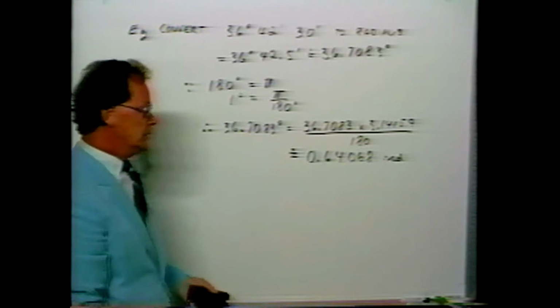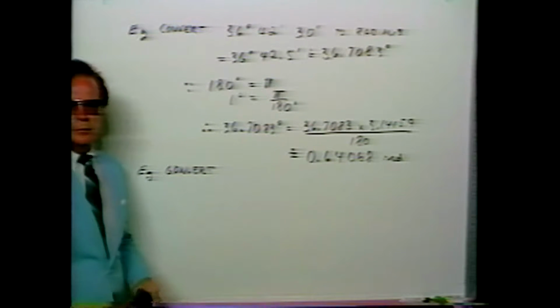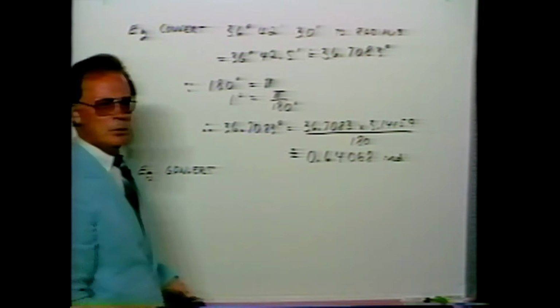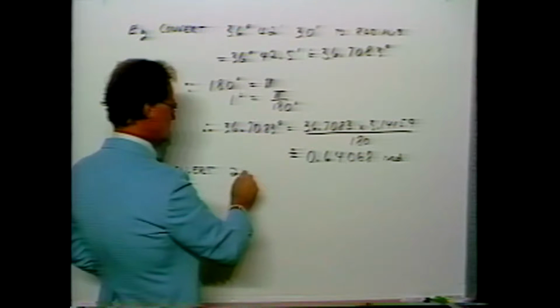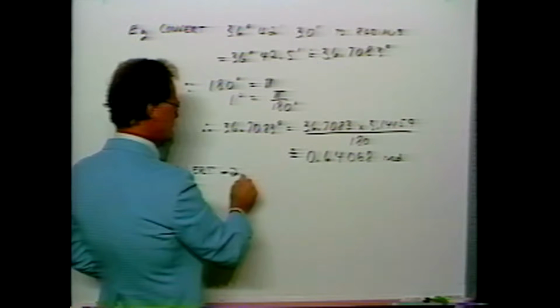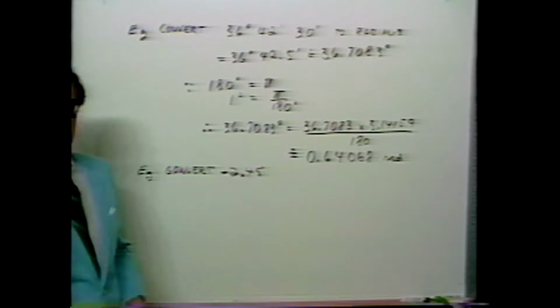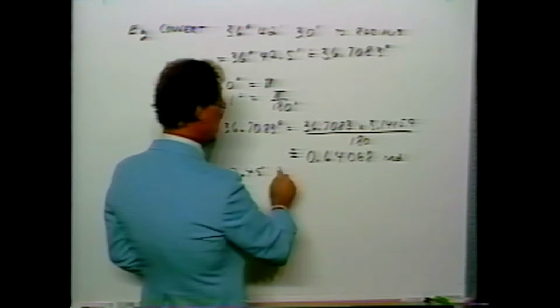In another example, convert negative 2.45 radians to degrees.